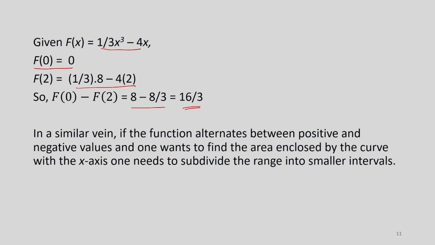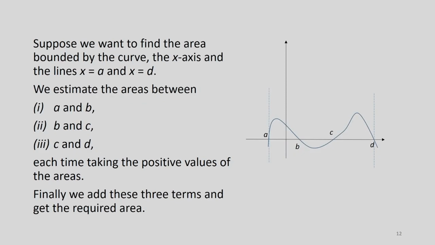So, suppose the function is such that it snakes around the x-axis like this, that is, it goes to the first quadrant and it can come back to the fourth quadrant, etc., etc. Then suppose you want to find the area, the summation of all this, right. Then what do you do?